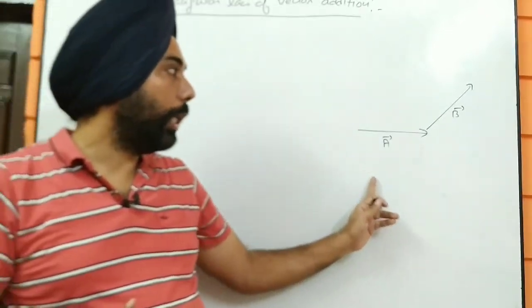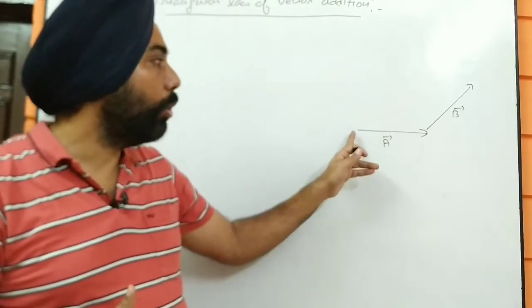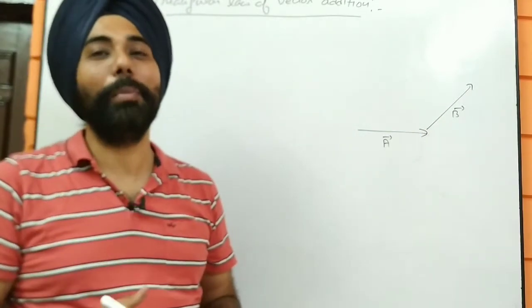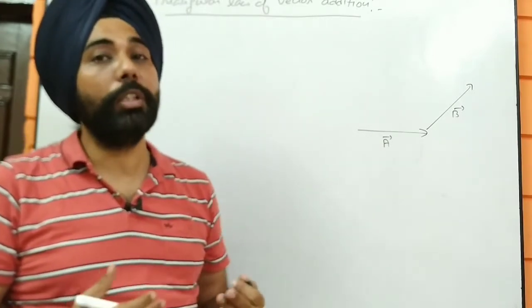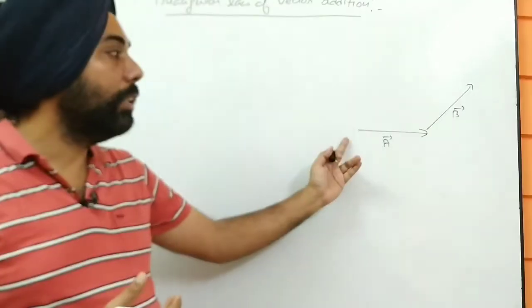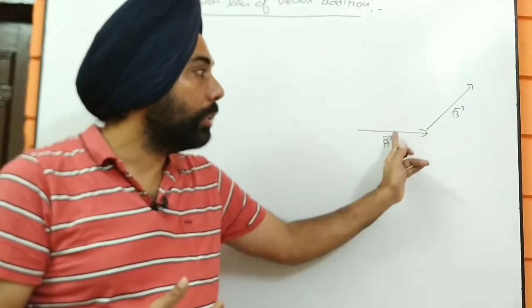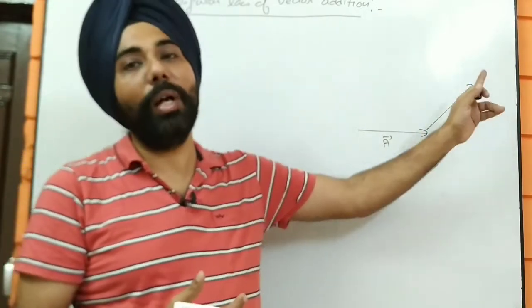Now these two sides are in the same order. What it means is that the vector is always drawn from tail to head. The arrow part is always the head part. The vector is always written in this format, from tail to head. This is our vector A, and again it is starting in the same order, tail to head and again tail to head.